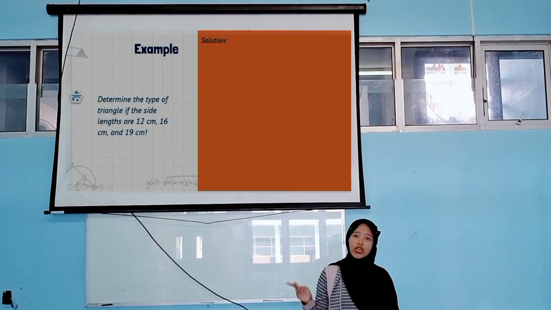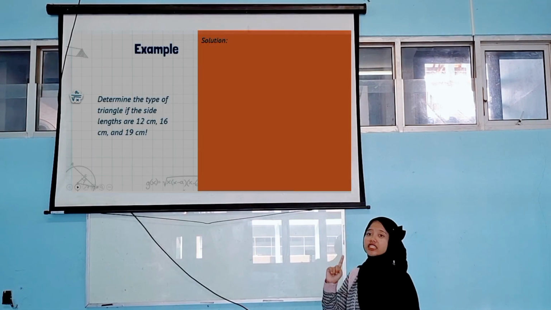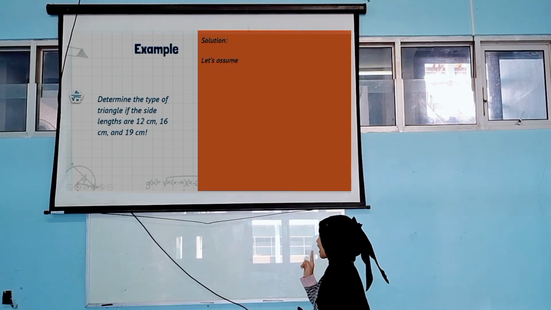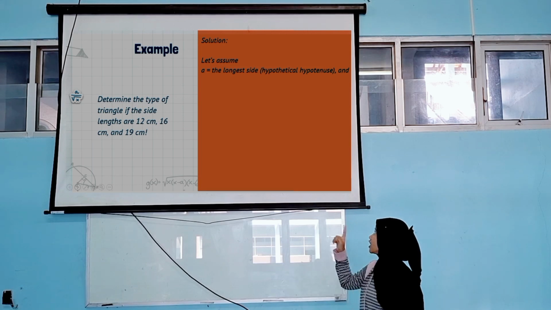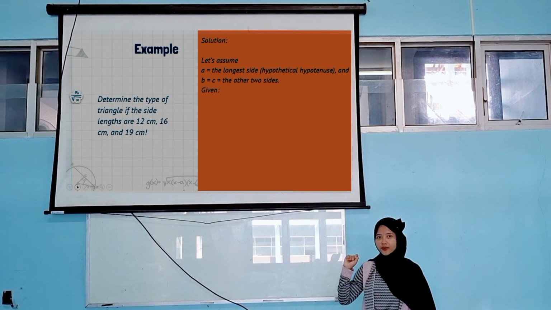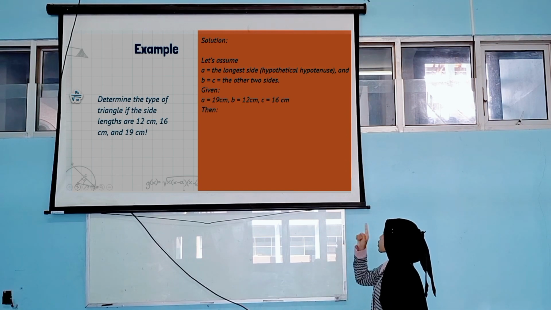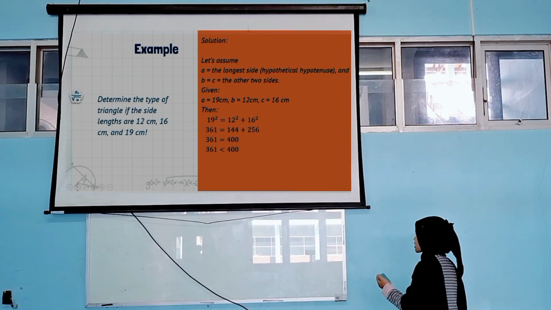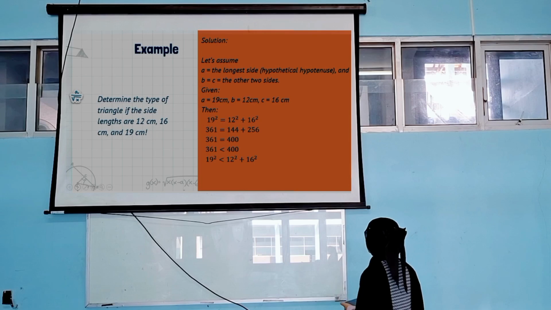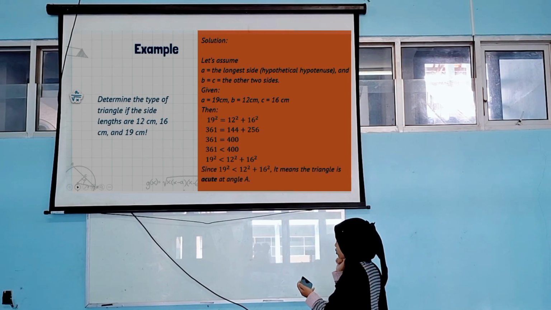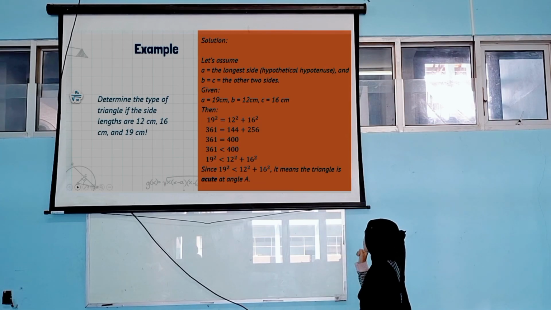Let's test if 12, 16, and 19 centimeters can form a right angle triangle. Okay, in that case, we know that A equals 19 centimeters because A is the longest side, and B is 12 centimeters and C is 16 centimeters. 19 squared equals 361. 12 squared plus 16 squared equals 144 plus 256, which is 400.